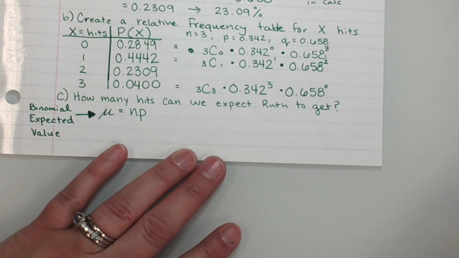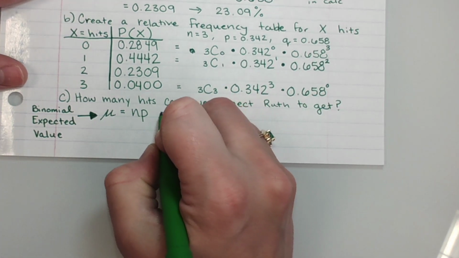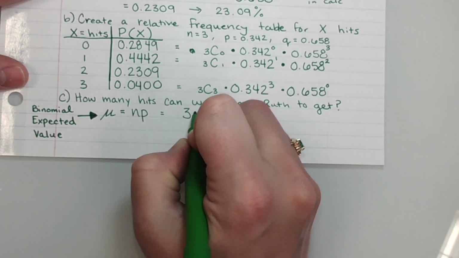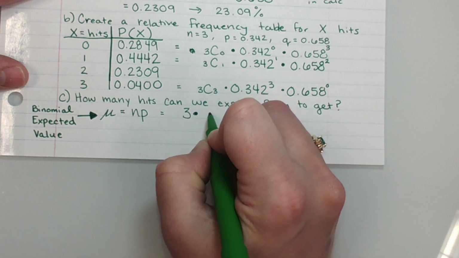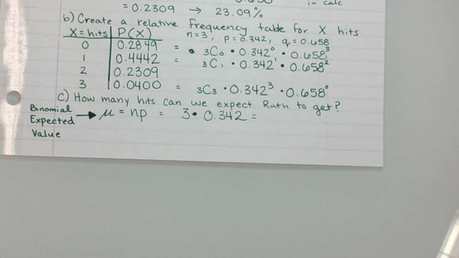So, in this case, N is the number of trials, 3. P is the probability of success, 0.342. Multiply those together.